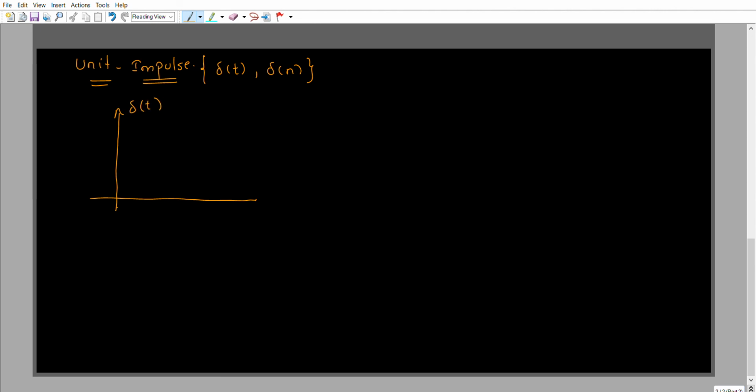The next signal, unit impulse. Unit impulse is represented as delta of t or delta of n. Alright.